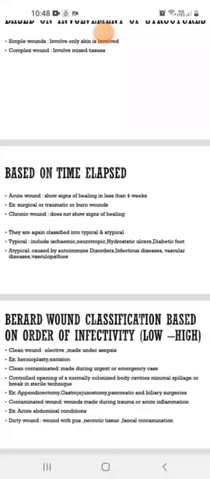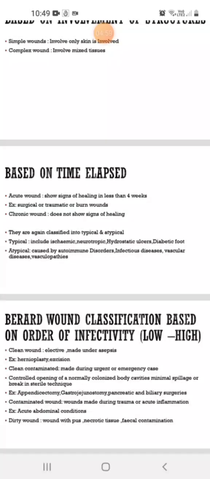These are caused due to purulent abscess, perforation with colonized bacteria, penetrating trauma more than 4 hours from injury. The infective rate is more than 60%.